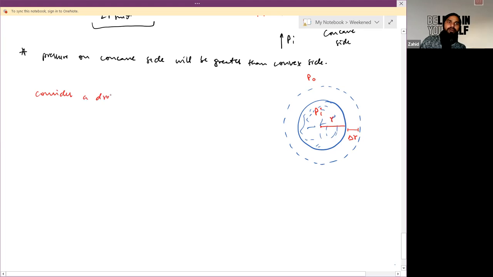Consider a drop having radius r that is increasing or expanding due to pressure difference.